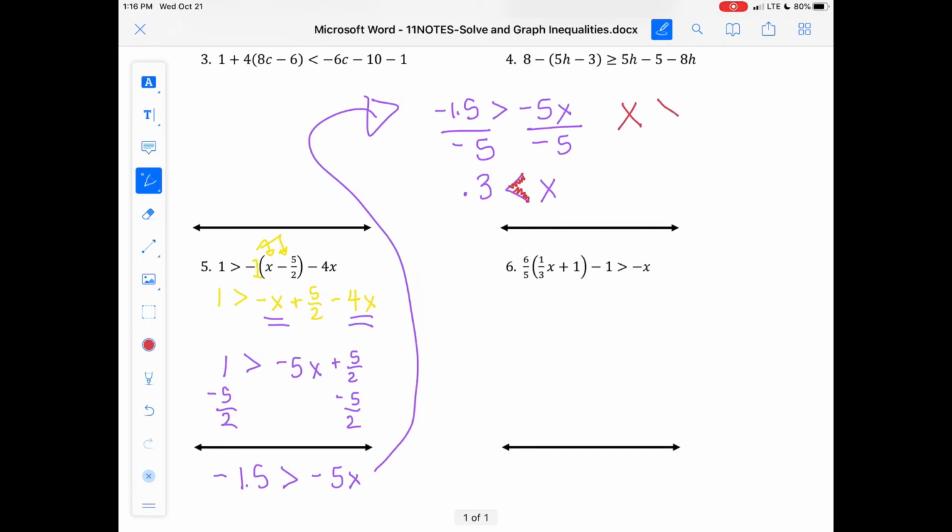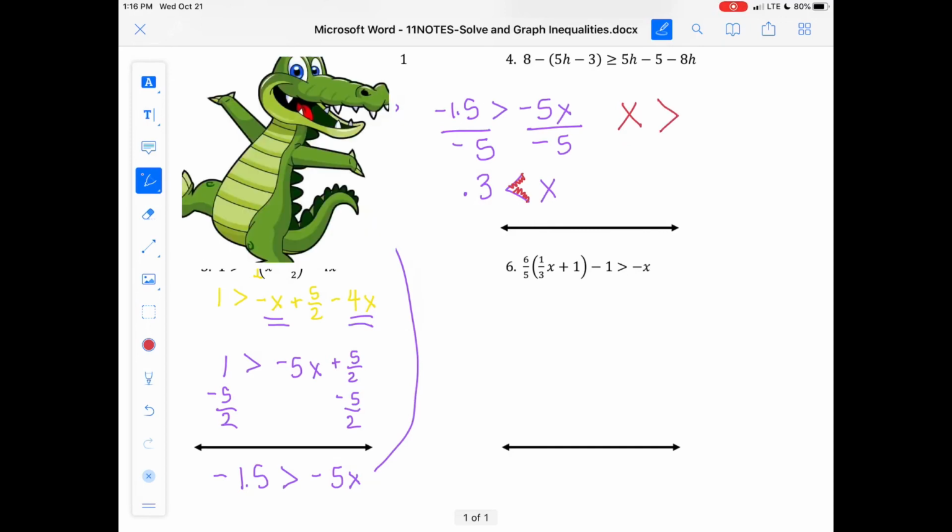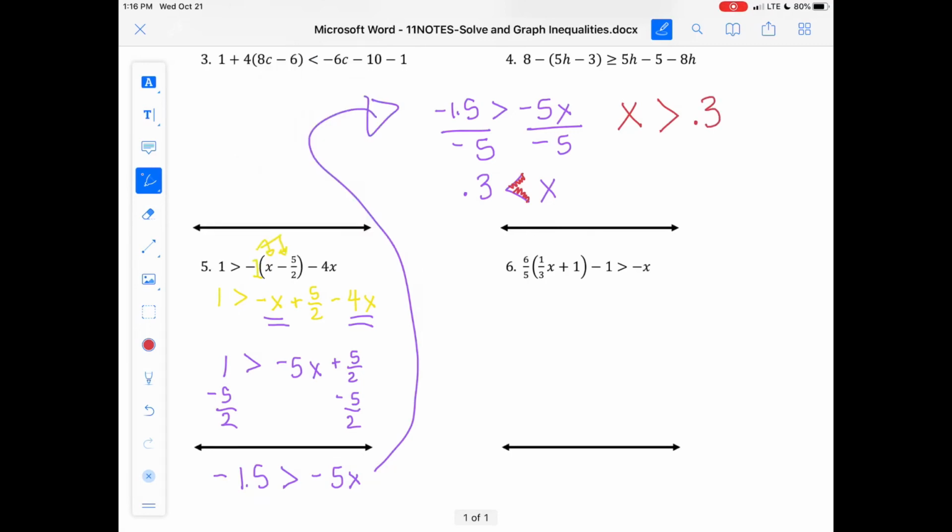So I want to make sure that I keep that inequality so that it's going to chomp at the larger number. So if I have 0.3 is less than x, that is an equivalent statement of x is greater than 0.3. And if we were to graph that on our number line, we would have an open circle, and greater means I go to the right.